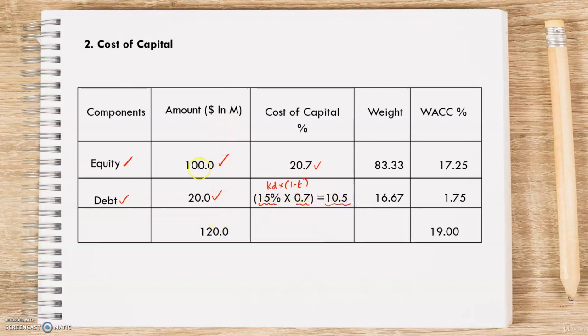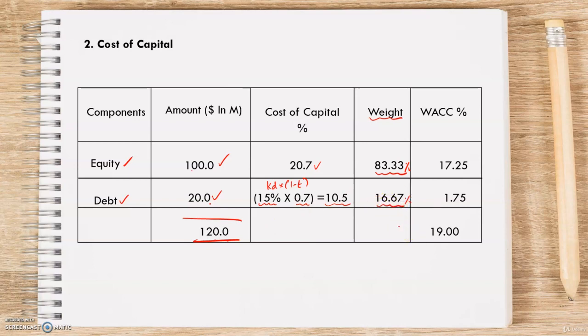Okay, now we'll take the total of this. 100 plus 20, you get 120. So what is the proportion? 100 divided by 120 will give the weight, right? So 100 divided by 120, you get 83.33%. And 20 divided by 120, you get 16.67%.